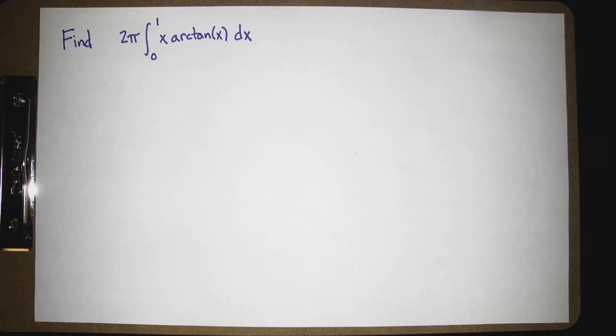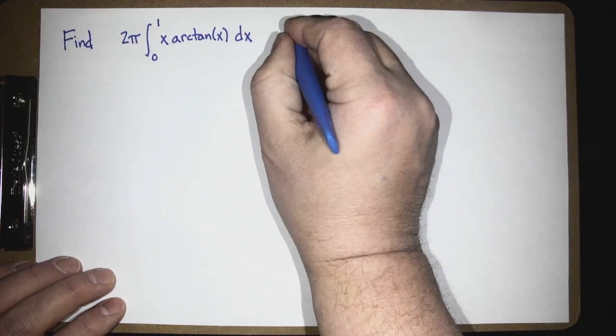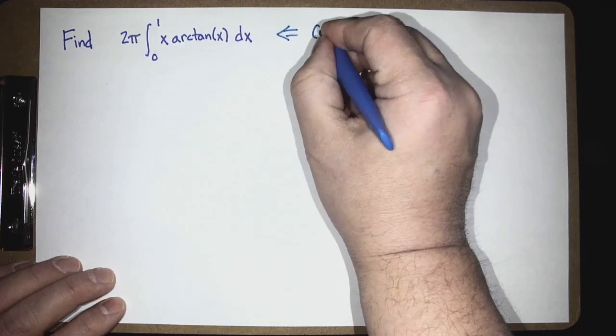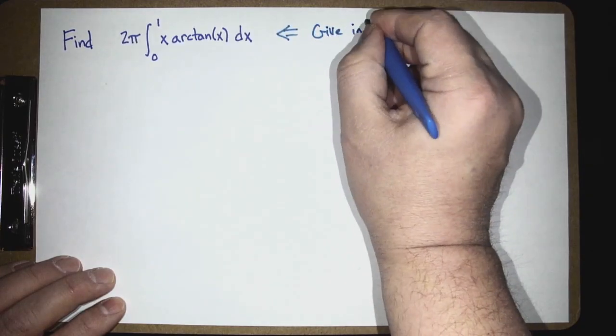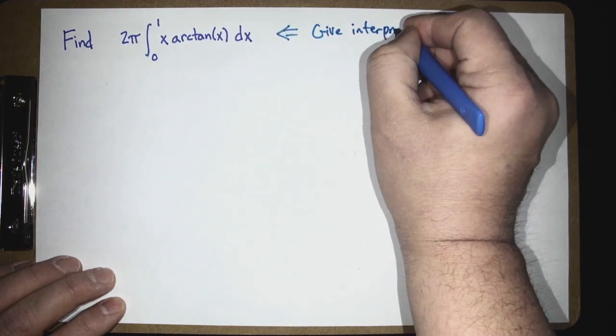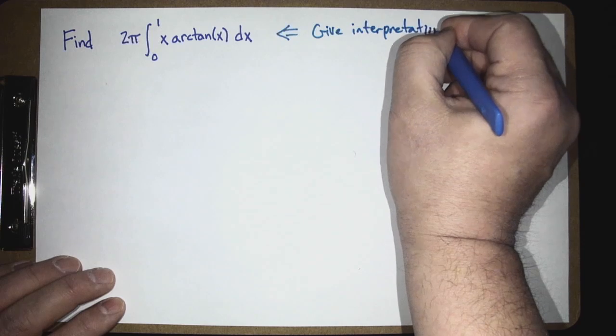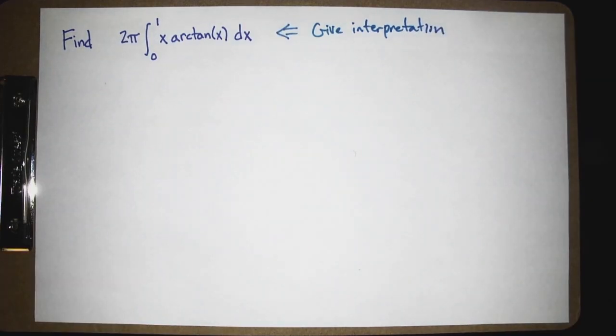Okay, so what can we do? So here's what we can do. We can say, look, we're presented an integral. Somebody has handed an integral to us. And we say, all right, let's interpret it. We can interpret this integral. So is there anything about this integral that might make us think of volume?